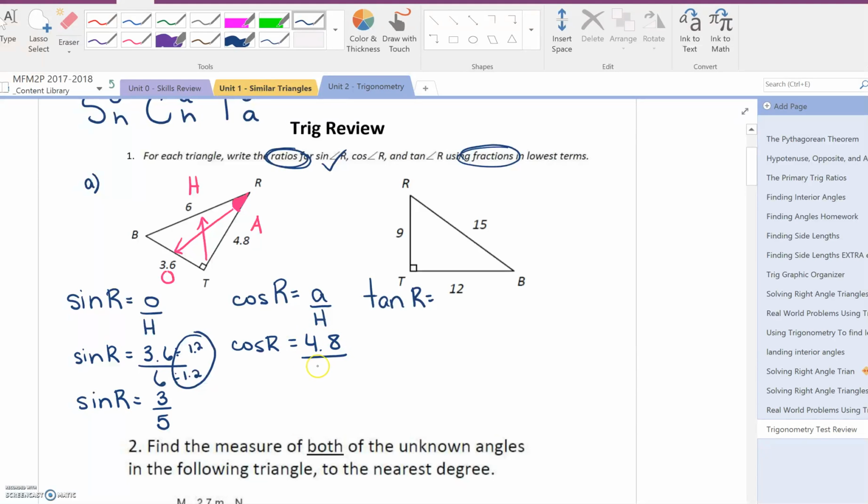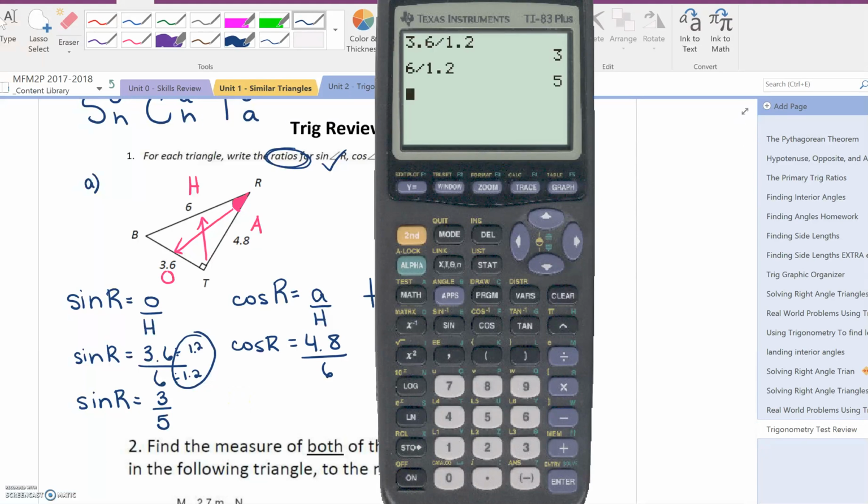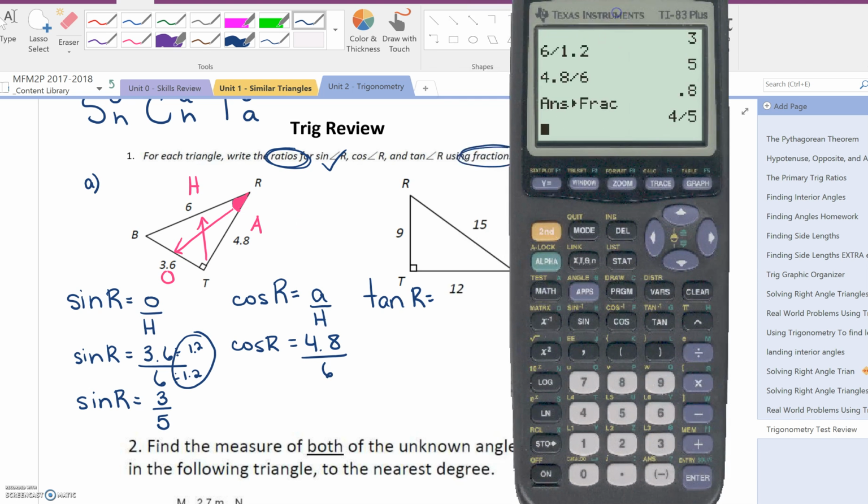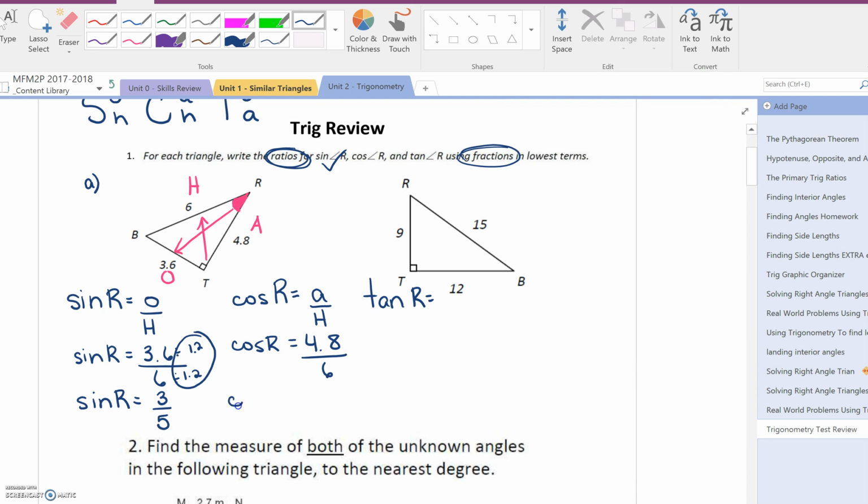Our hypotenuse in this case is 6, and let's see if that reduces. Again, we divide 4.8 by 6, and it gives us a decimal, which we don't want. I need you to press Math, Enter for fraction, and Enter again, and it gives us 4 over 5 this time. So cosine of R equals 4 over 5.